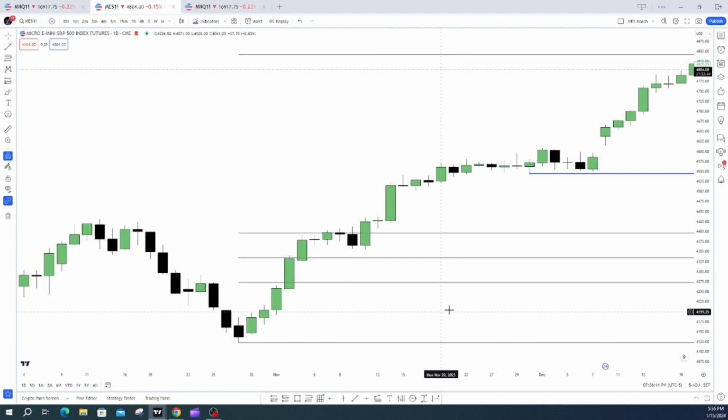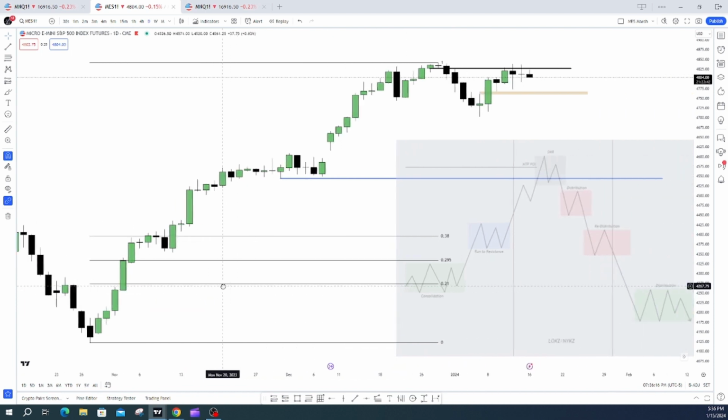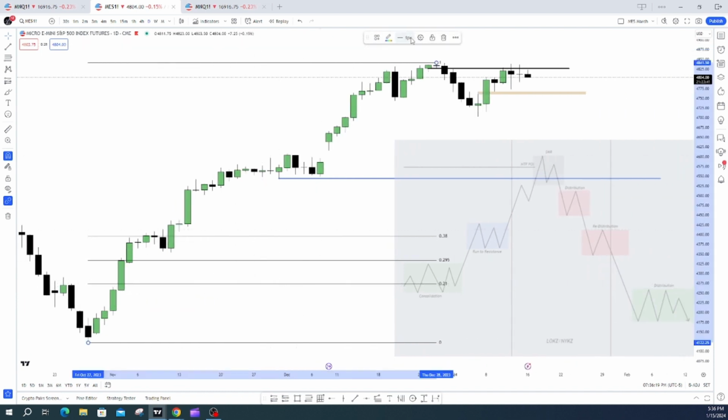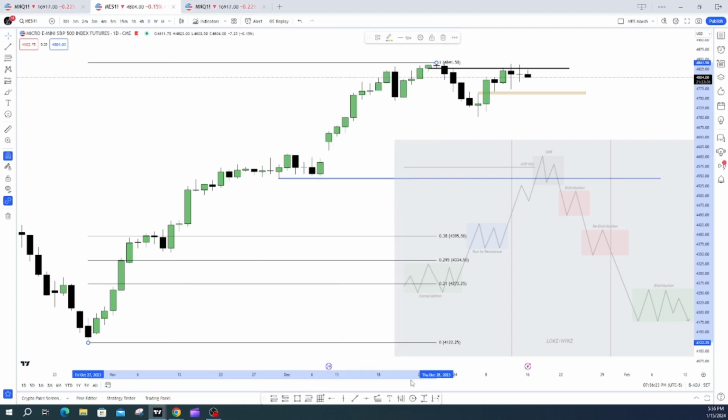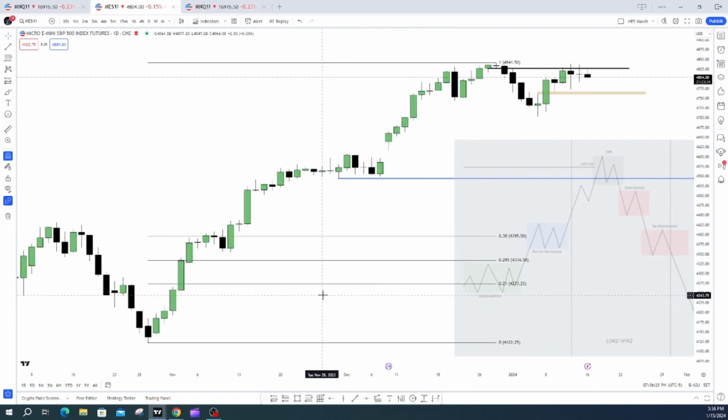Now, if we look at our Fibonacci retracement levels, and I'm going to put the prices on here, 4273.25. Now again, the high of that candle, if you look right here, as I hover over it, is 4273.5.